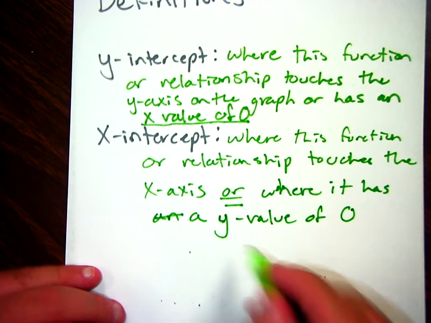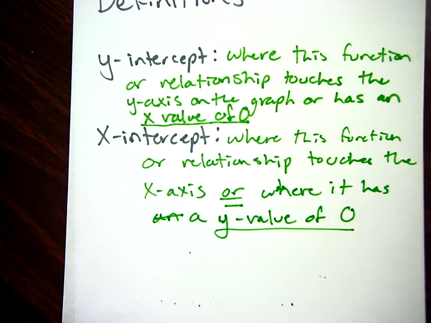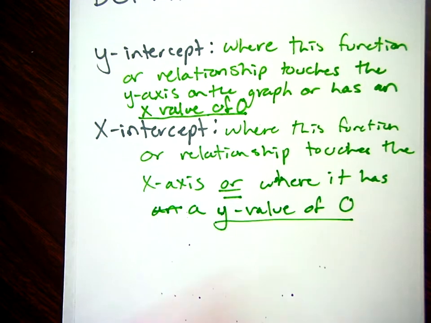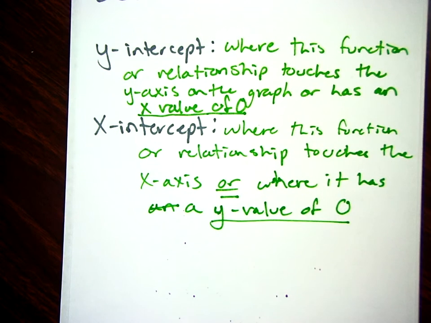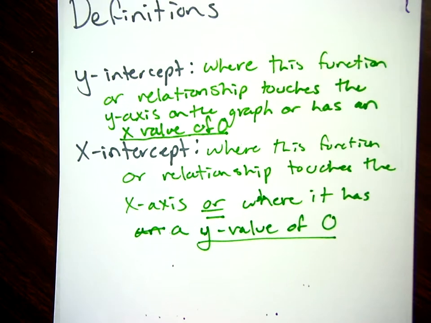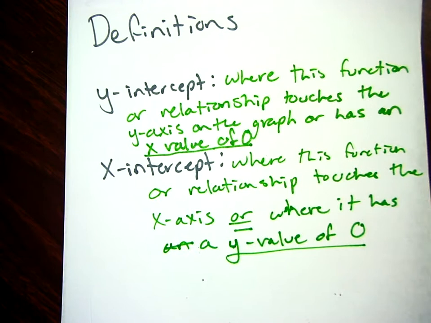Okay? Again, this one is important because just given an equation, you can force the equation to give you this, if you're given an equation that models the situation. All right? So now that we've taken definitions, if you need more time to write those down, go ahead and pause your video. We're going to move on to examples.